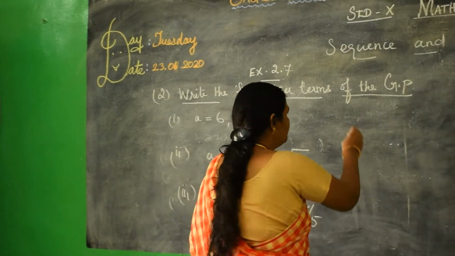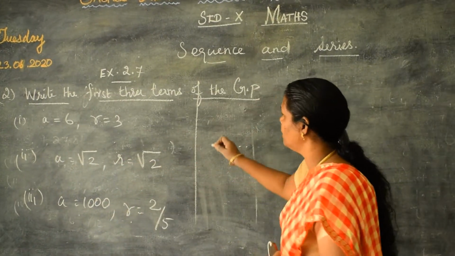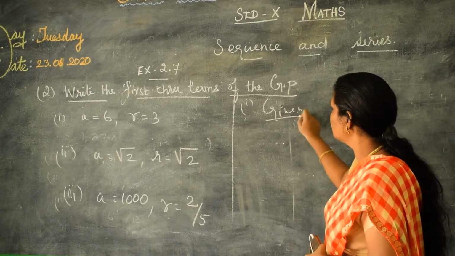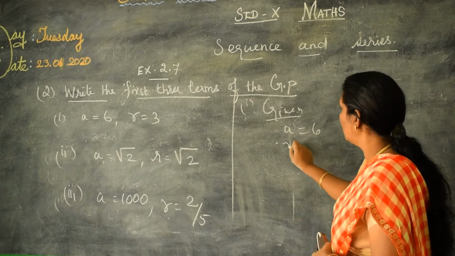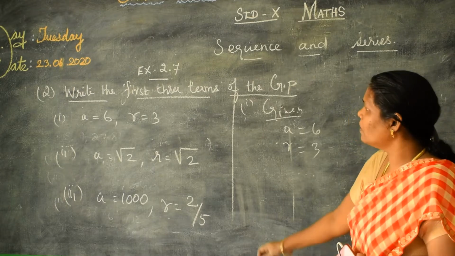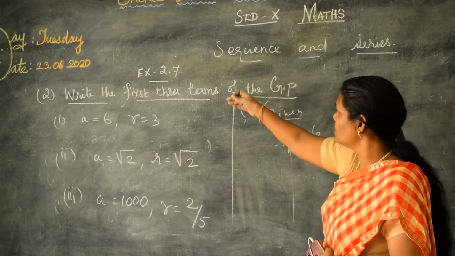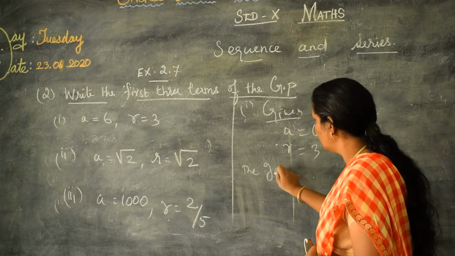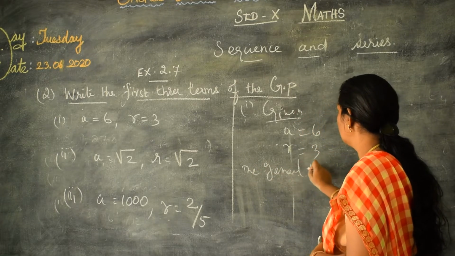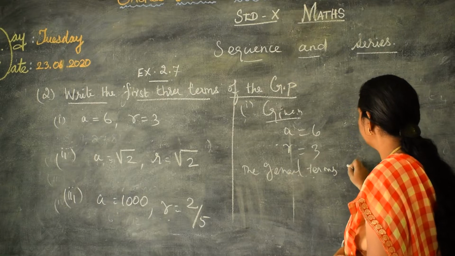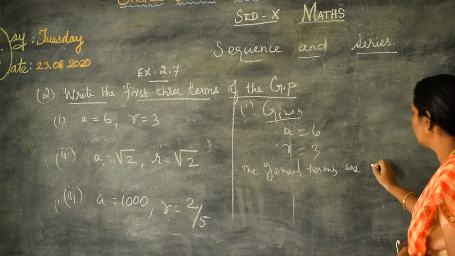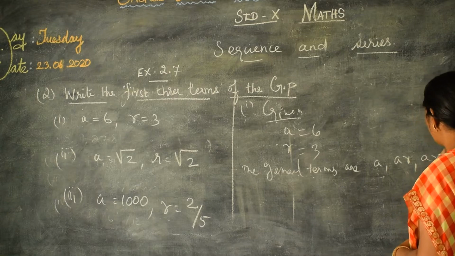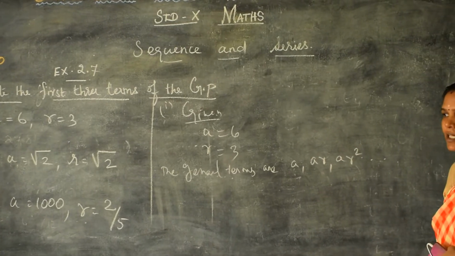See the first one. What is given in the first one? A is 6 and R is 3. So what are the general terms in GP? They are A, AR, AR square and so on. Isn't it, children?